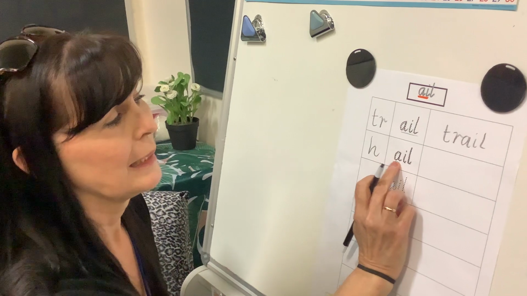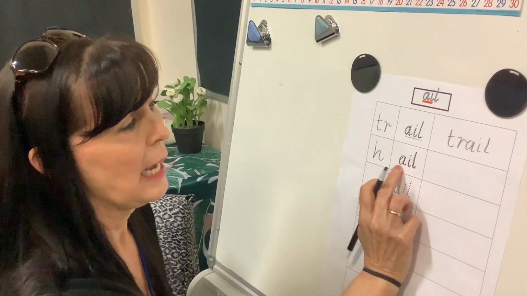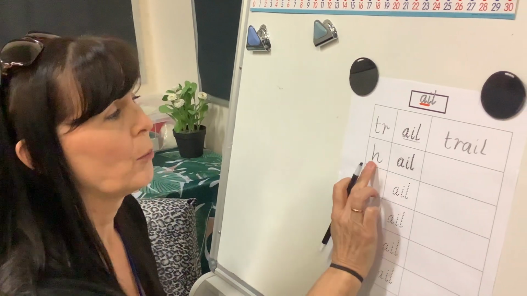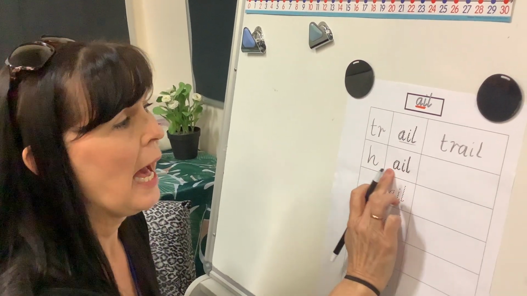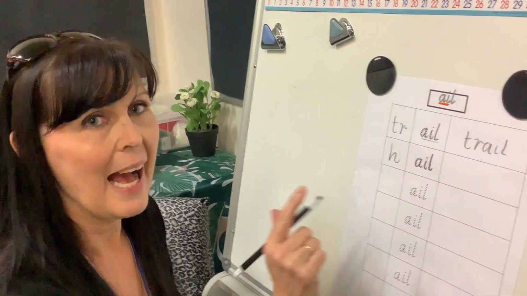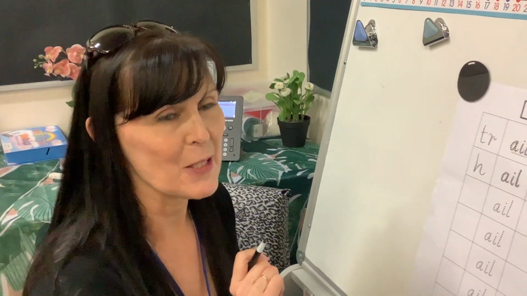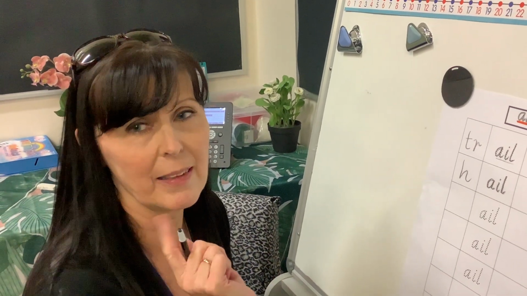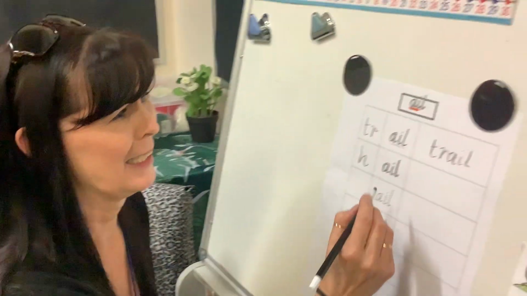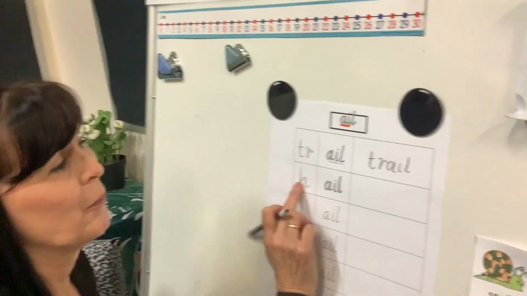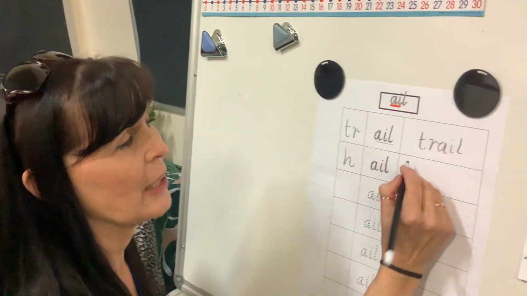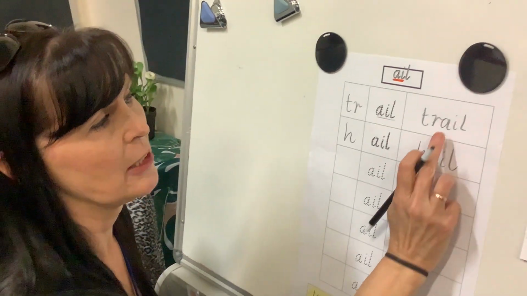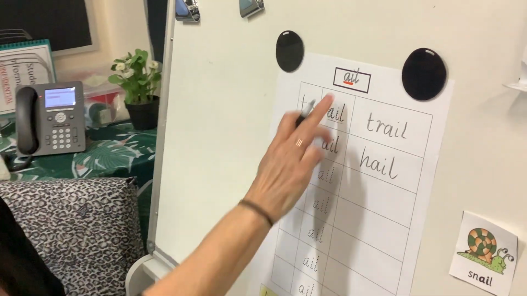So our word family is AL, remember, and we're going to push all the way through that word, hail. Hail! So that's what happens when it's really, really cold and you get frozen rain. Not quite today, but I think we might need a boat to get home today. I think it's going to be very wet. So blending those together to make the word hail, and you can see that long A sound made with the AI.